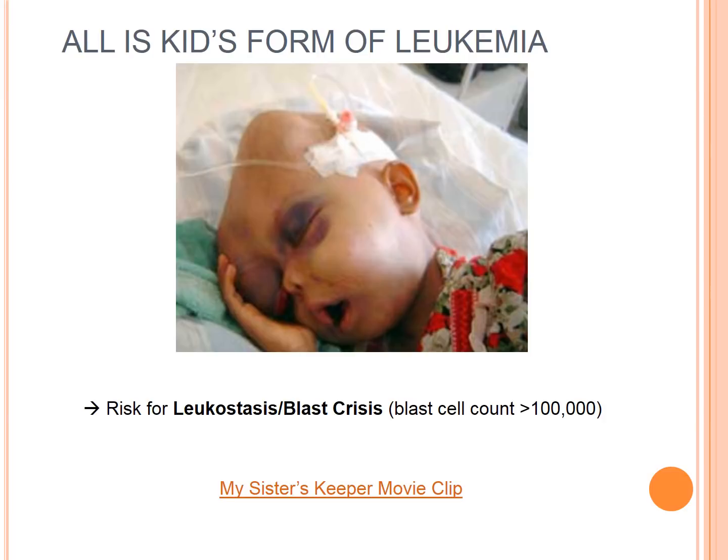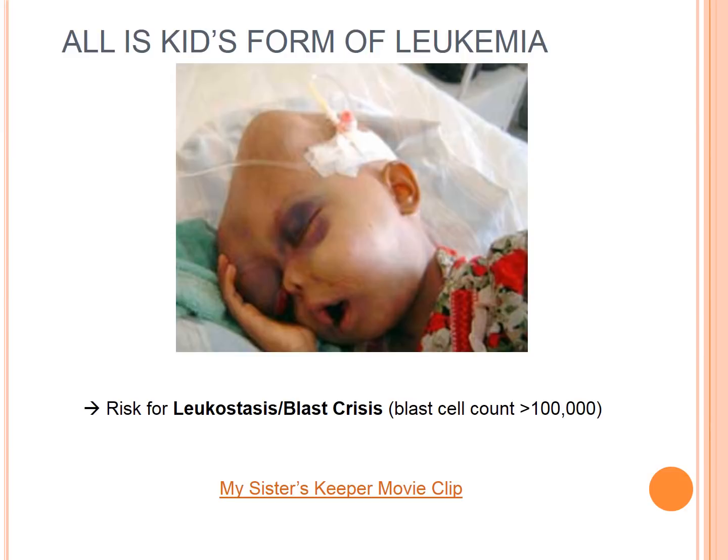So that's why I wanted to put it in here. So risk for leukostasis, blast crisis, means that they have high amounts of these blast cells circulating in the body, and they're at high risk for those blast cells to build up in areas where they shouldn't and cause issues with perfusion.